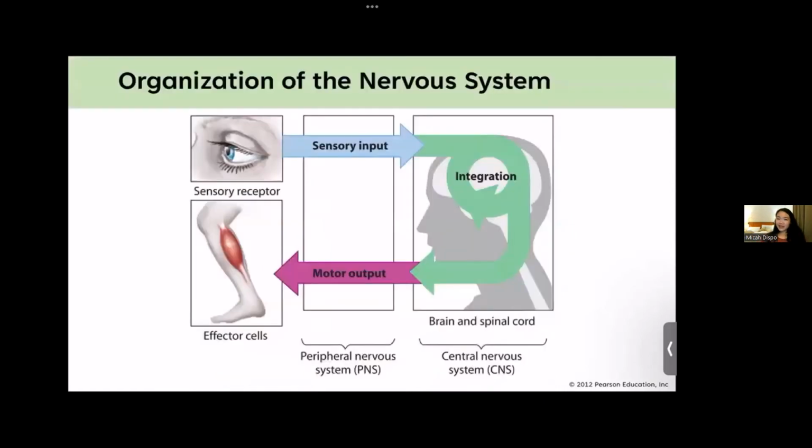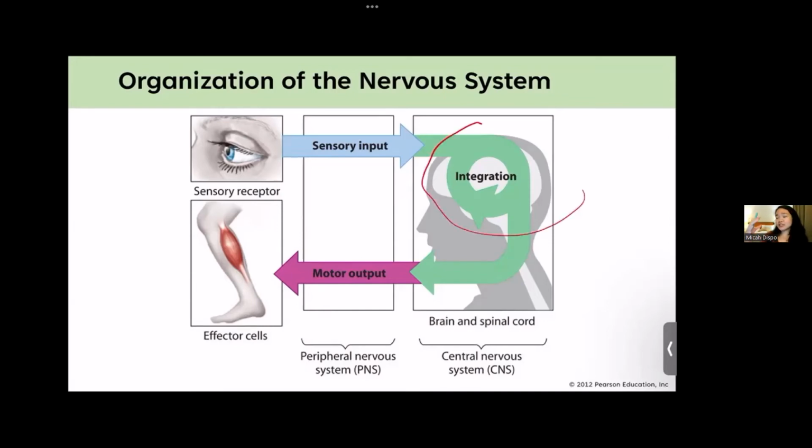Okay. So finally, this is our last slide, the organization of the nervous system. So just as a summary, again, from the sensory receptors, from our sense organs, comes a sensory input to our sensory neurons, the afferent division of our peripheral nervous system, and these will now be integrated in our central nervous system.